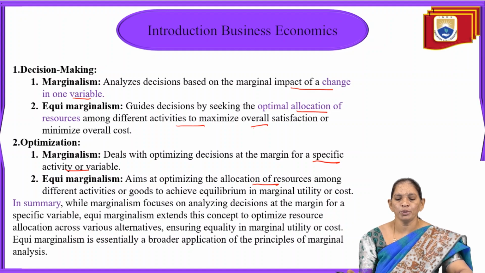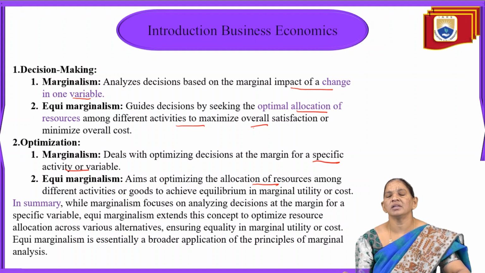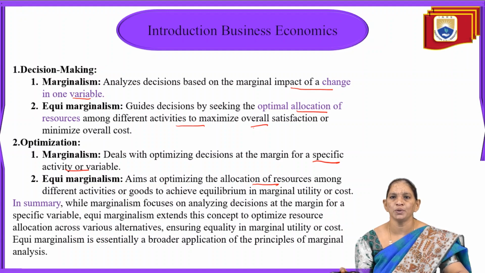Means the optimization here relates to the different types of alternatives. By enhancing these alternatives, we can achieve maximum equilibrium between the different alternatives in allocation of resources, and also get the maximum satisfaction by minimization of the cost.